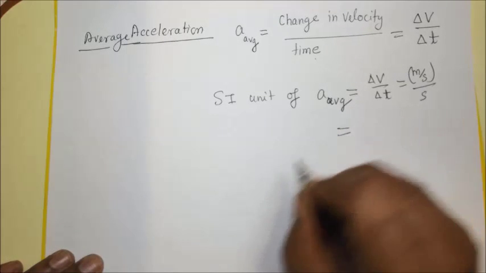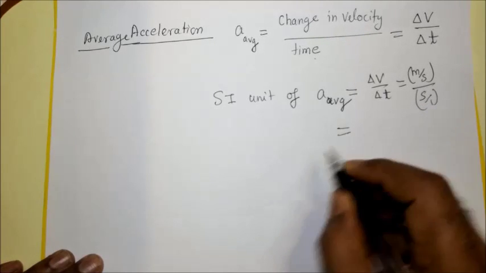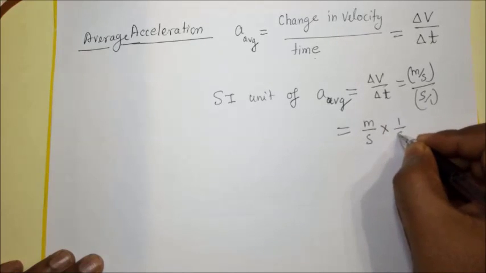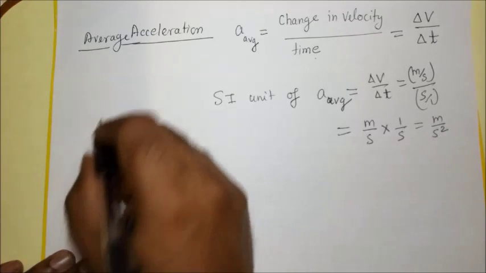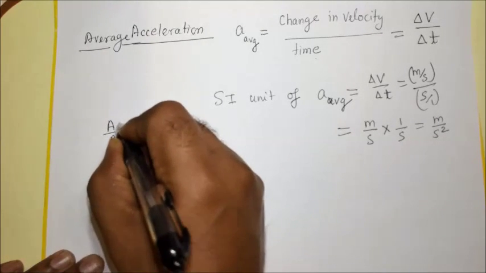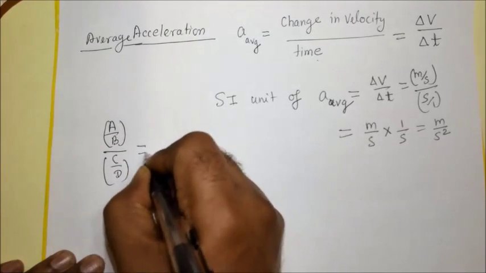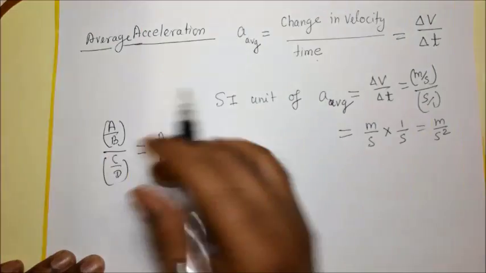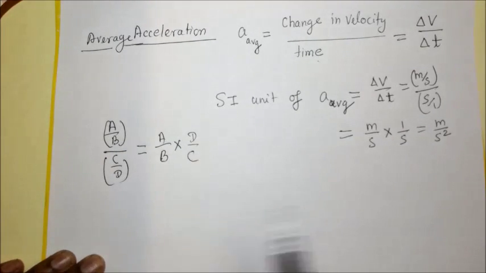If you simplify this, you can write it as meter over second times 1 over second, that gives you meter per second square. You know that A over B divided by C over D is equal to A by B times D over C, when you multiply you flip this. Okay, this is equal to this.